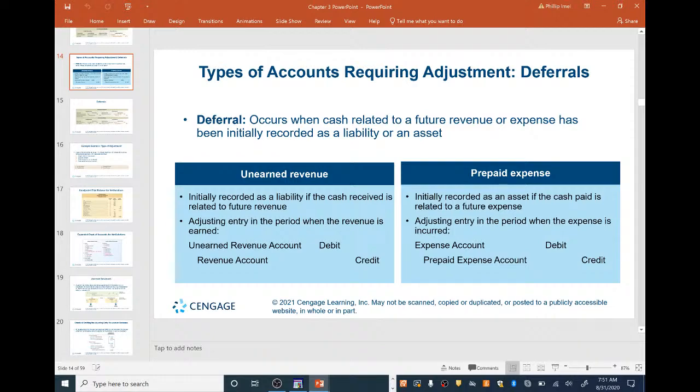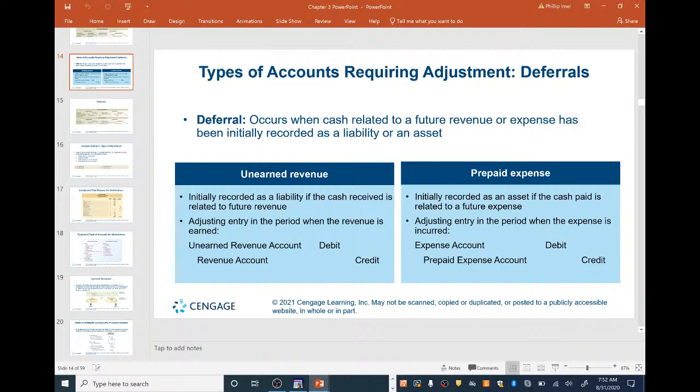So at the end of January, for our adjusting entry, we need to debit the original liability account of our unearned revenue account. We debit it because we want to decrease it. Remember, unearned revenue is a liability. It's a credit balance. So in order to reduce the credit balance, we want to debit it. So we debit the unearned revenue because we've earned it now, and then credit the revenue account for the same amount.